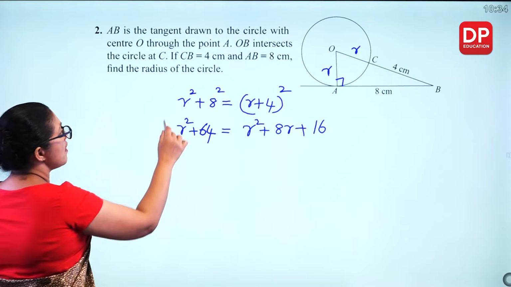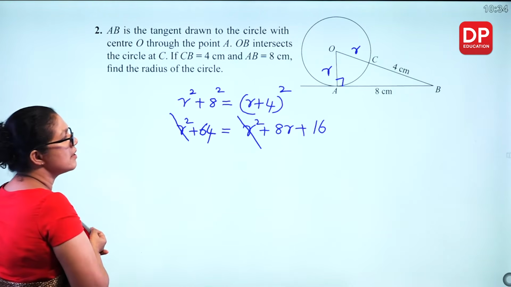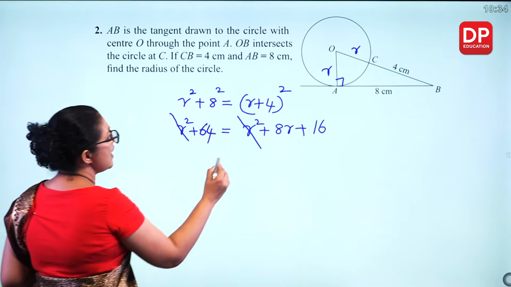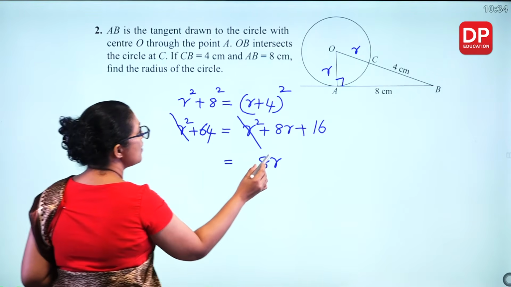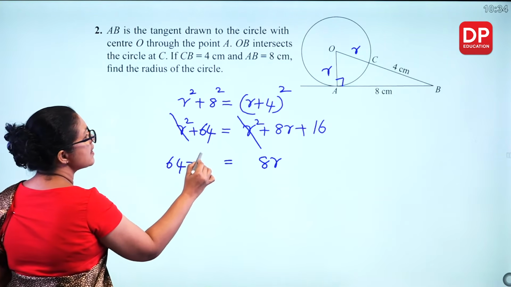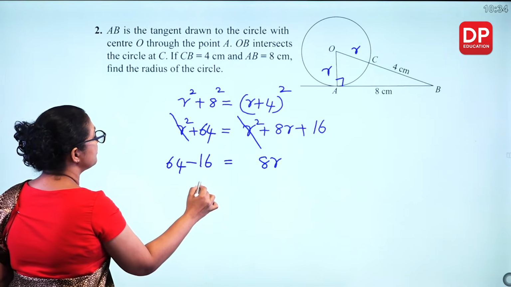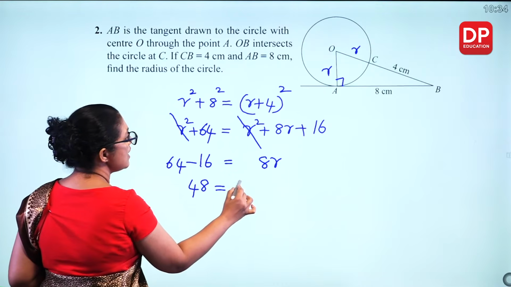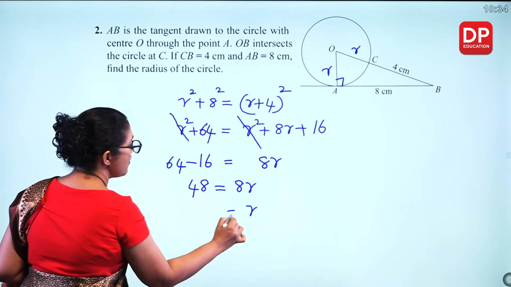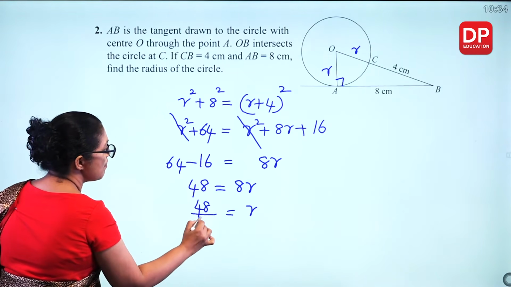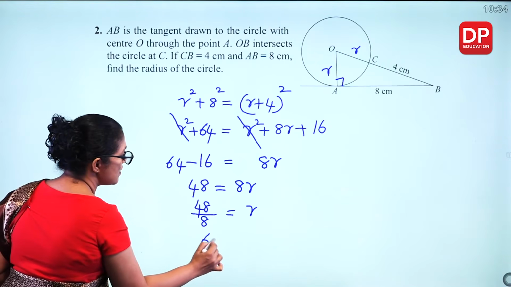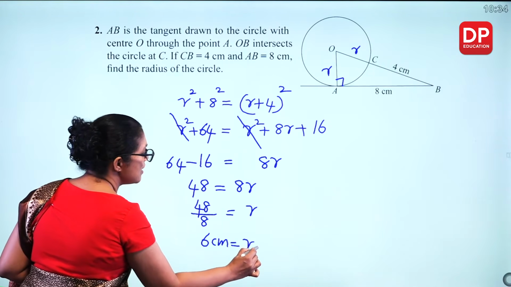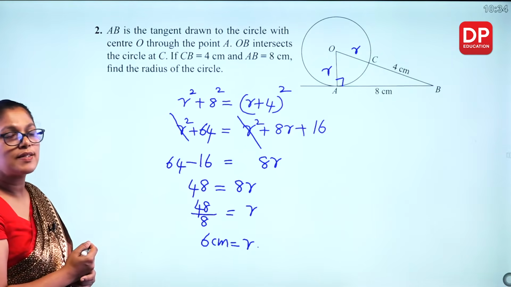Now R squared gets cancelled out from both sides. 8R is equal to 64 minus 16. So that's 48 equals 8R. R equals 48 divided by 8. So 6 centimeters is the radius of the circle.